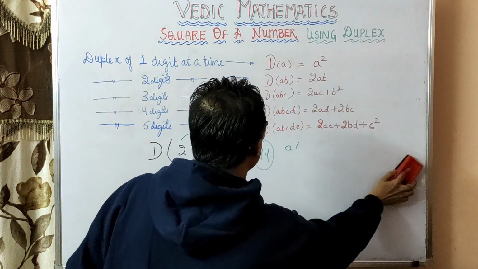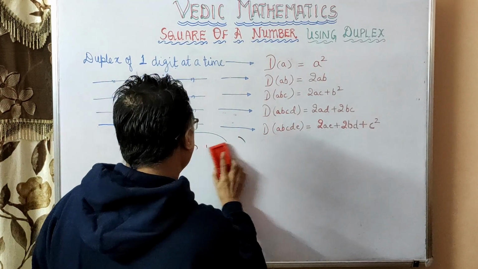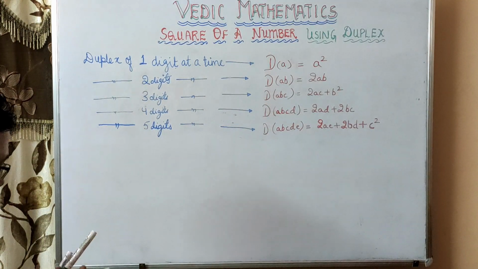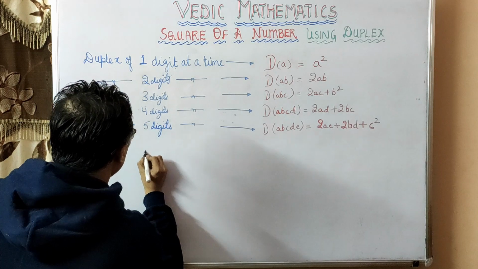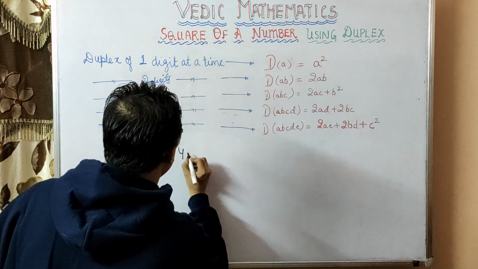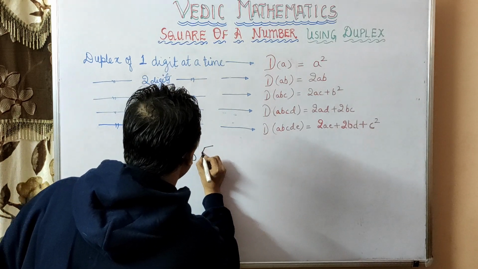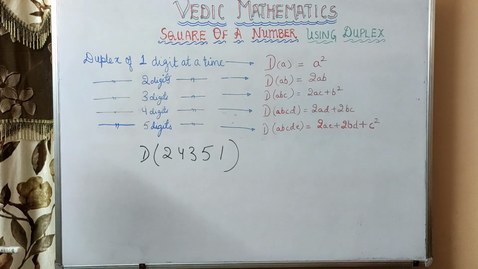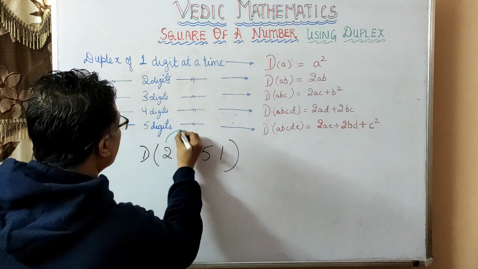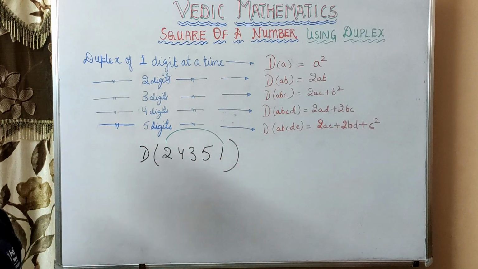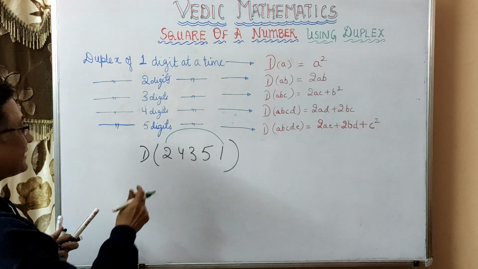So now let's calculate, say, the duplex of a 5-digit number. We can take any random 5-digit number, and let's say we have to calculate the duplex of 2 4 3 5 1. Again, as I told you, start from corner to corner. These are 2 numbers, so what will be the duplex?